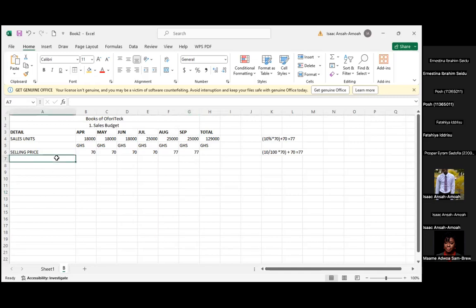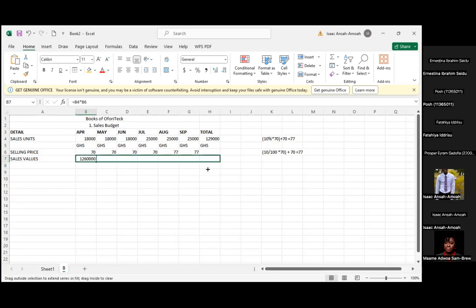So let's see. We can multiply the sales units with the selling price to generate the sales values. Right. So this is it. 8,000 times 70 cedis. And then I'm going to do this for the rest of the months. For each month, we're multiplying the sales unit by its selling price.